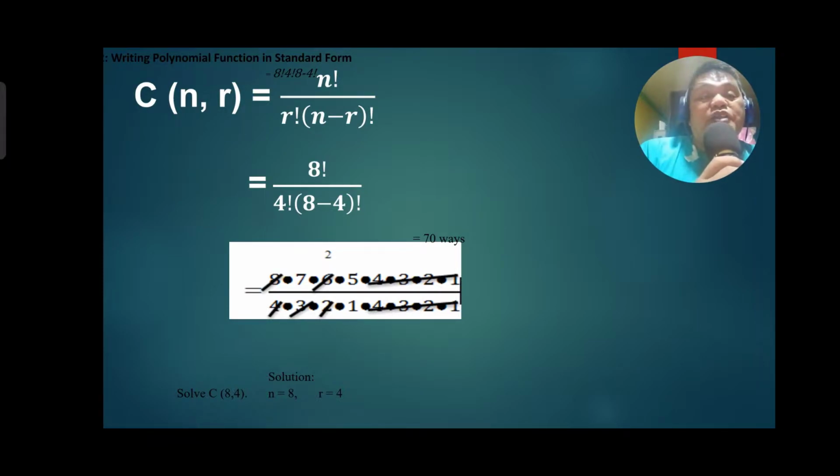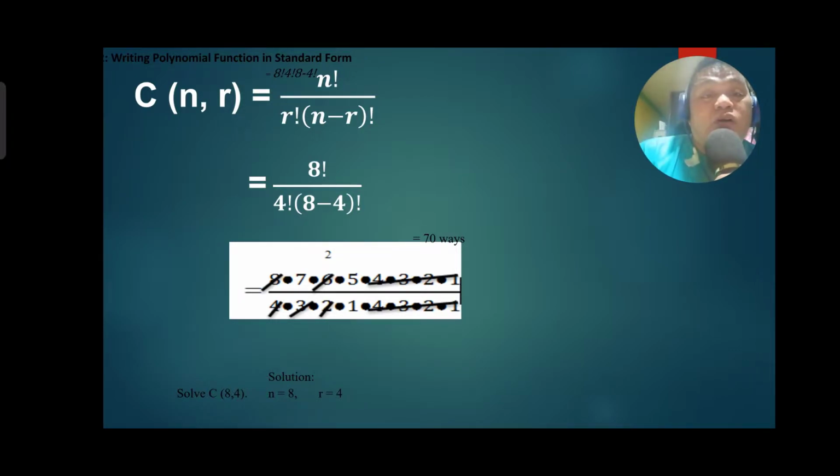From our denominator, 4 factorial times 4 factorial, we can cancel 4 times 3 times 2 times 1 with 4 factorial, because 4 factorial is the same as 4 times 3 times 2 times 1. So cancel.